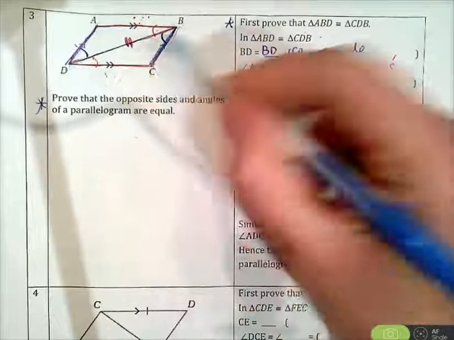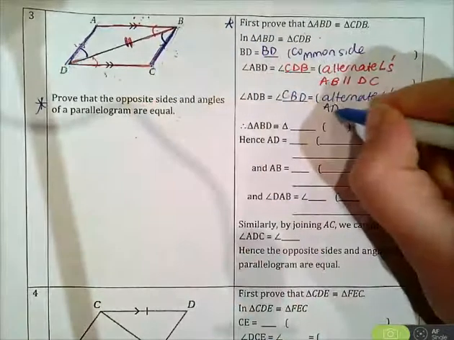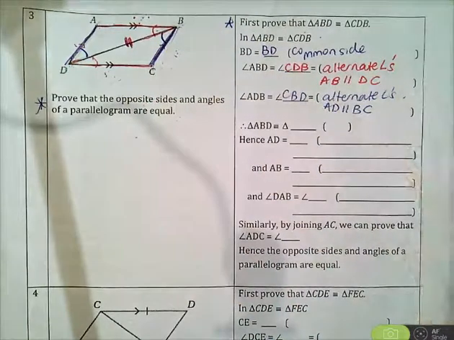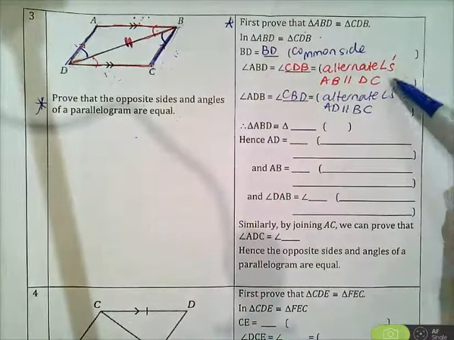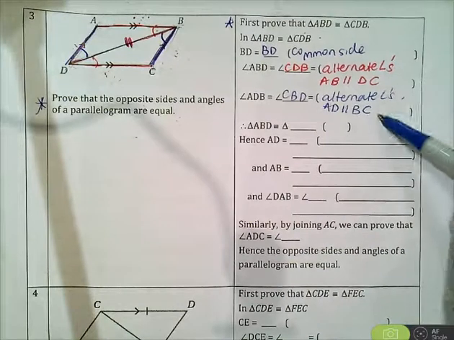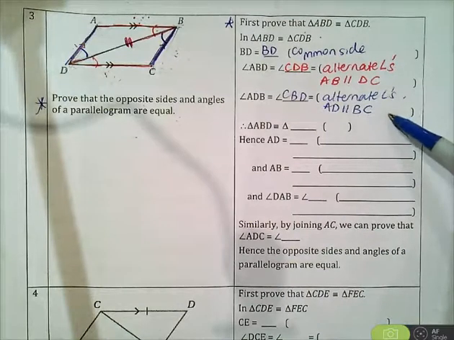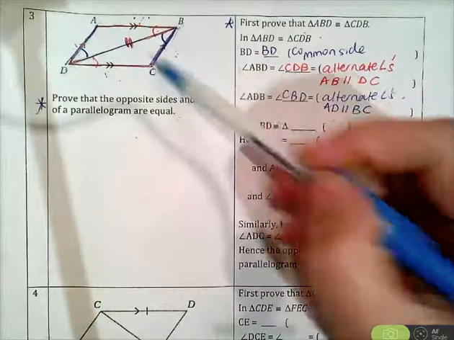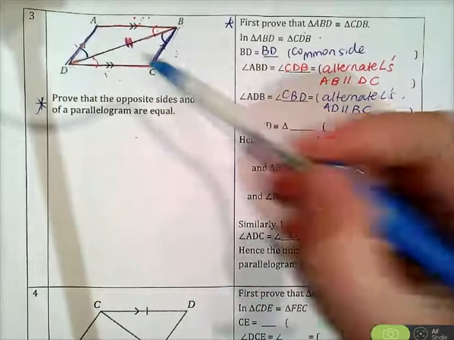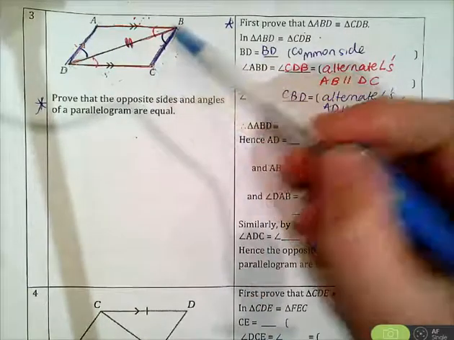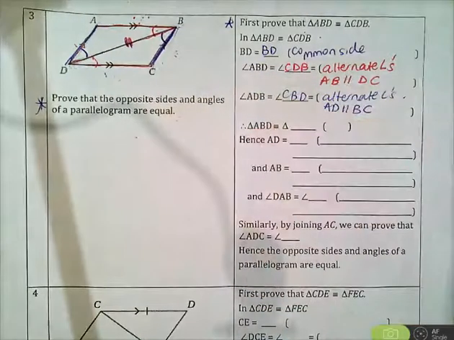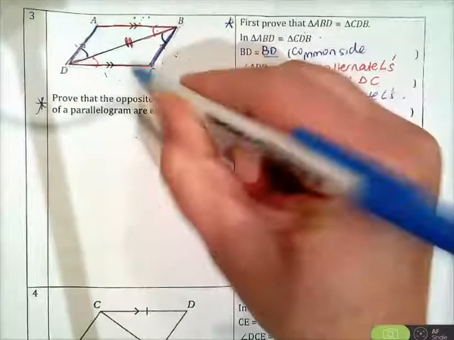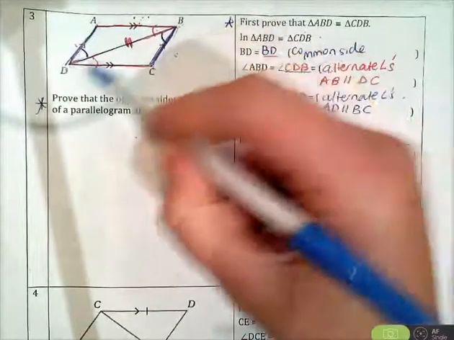It's because AD is parallel to BC. When there's more than one set of parallel lines, you have to be specific about which set you're talking about. For alternate angles, it'll be the two parallel lines that form the Z. So look what we've got marked: angle, angle, and a side.